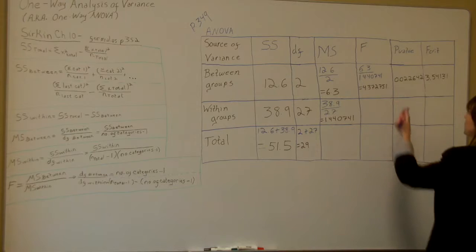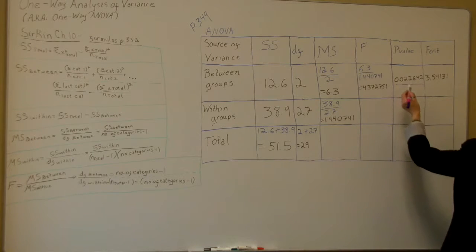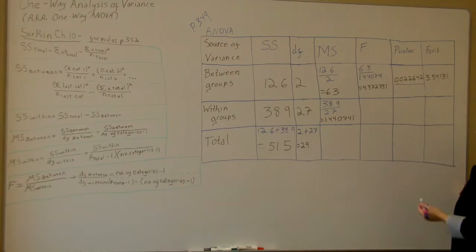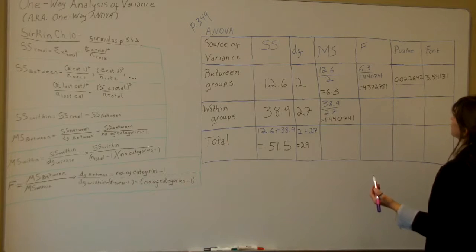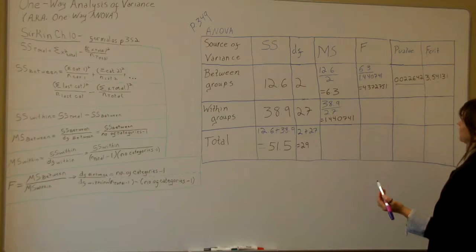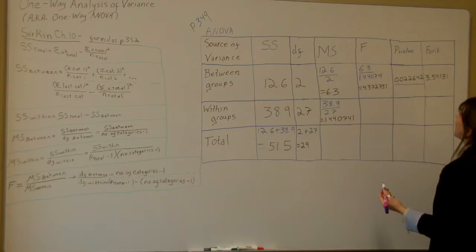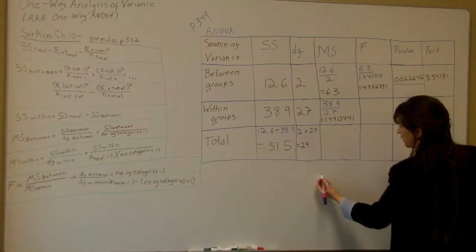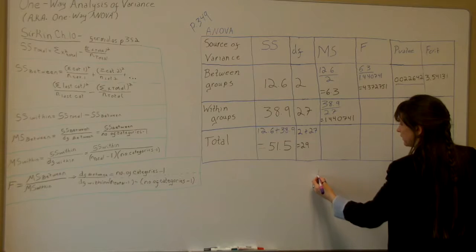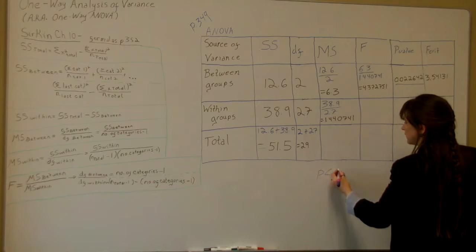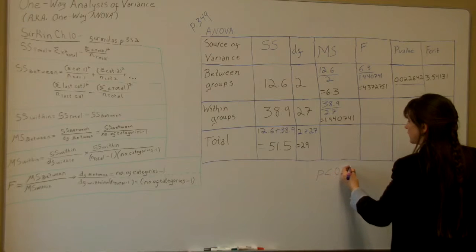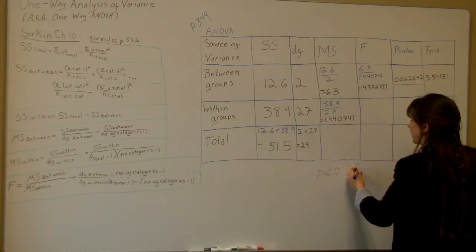The p-value is 0.022642, which is smaller than 0.05. So for this one here, the p is less than 0.05.